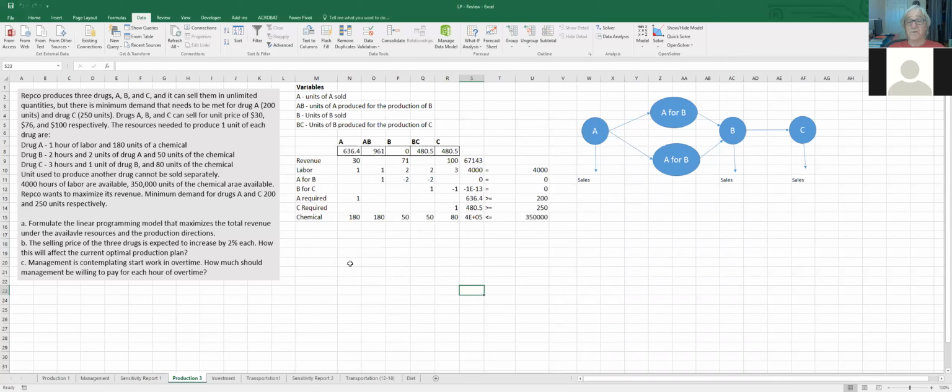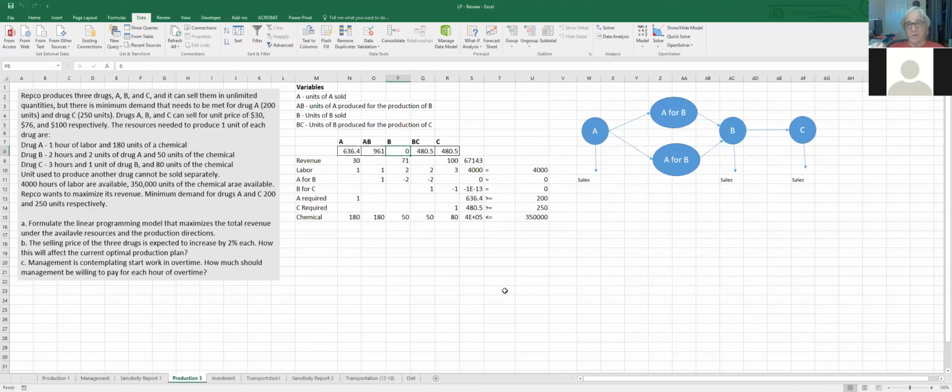So look what the solution is doing. It's produced this amount of drug A and sells it in the market. Now it's producing more drug A and shifting it into a B drug, 961 units. It means that half of it is the number of B units that are produced, and indeed this is what's happening. The total amount of B is this and this. I don't sell drug B in the free market at all.